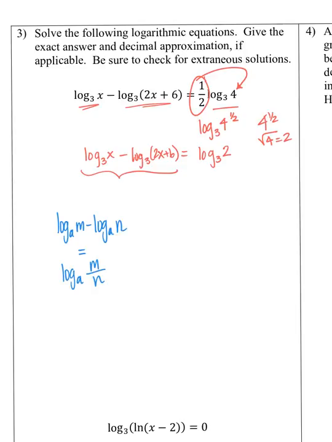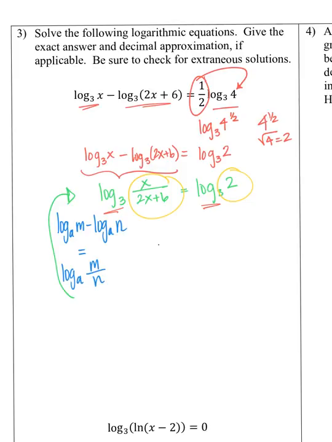So we're going to have up above here, using that property, that this is going to be log base 3 of x over 2x plus 6 equals log base 3 of 2. Now this is different than the previous problem. Since we have a log and a log, what we're able to say is that these arguments then must be equal to each other. So we'll rewrite this as x over 2x plus 6 is equal to 2.